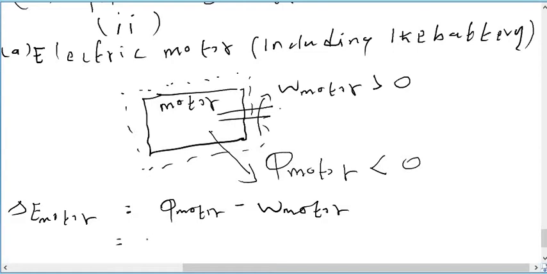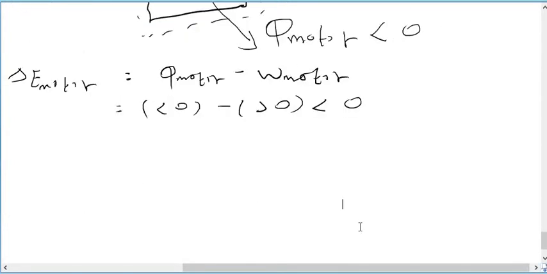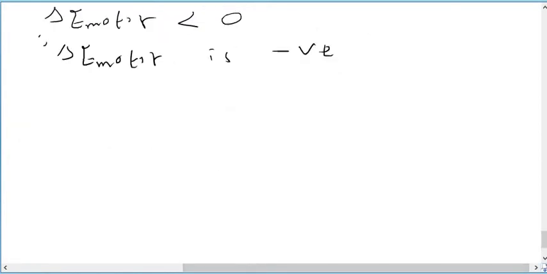The heat by the motor is less than 0, minus the work done by the motor, which is greater than 0. Something less than 0 minus something greater than 0 is less than 0, that is negative. So the change in energy of the motor is less than 0. The change in energy is negative.